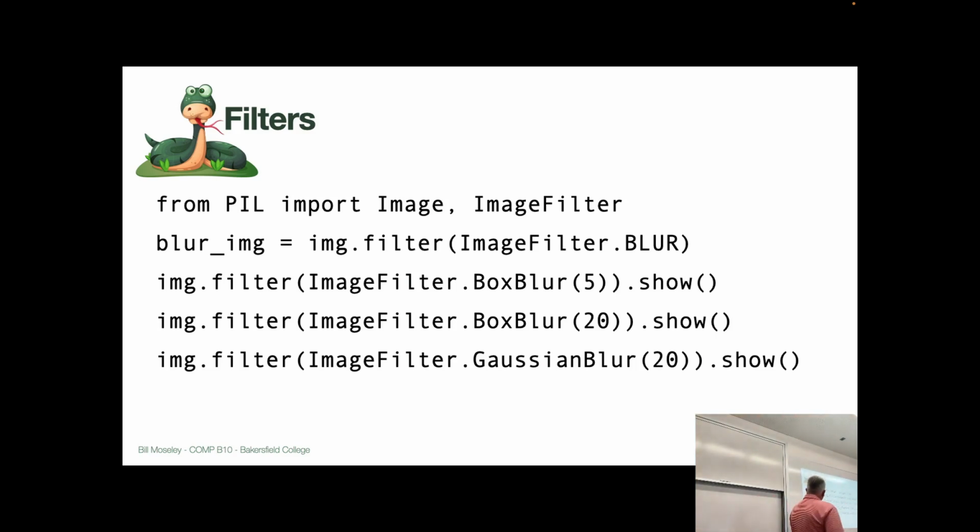Okay, so filters, we have all kinds of different things. I would recommend looking those up in the reading if you want more information about them, but I also have some sample code that I'm going to show you in just a minute. You can blur them. There are 3 or 4 different blurring algorithms shown here.